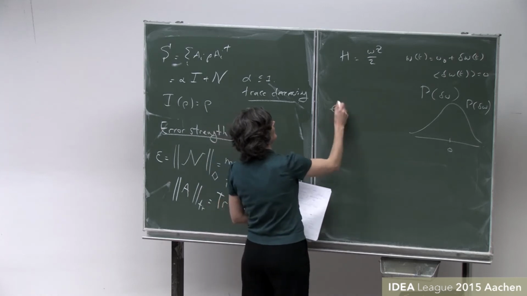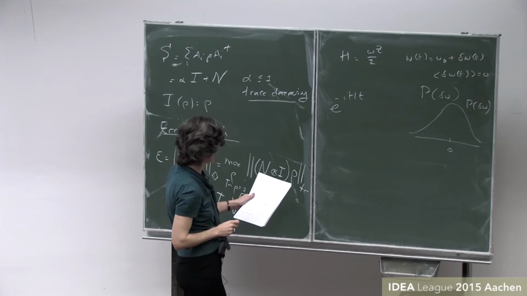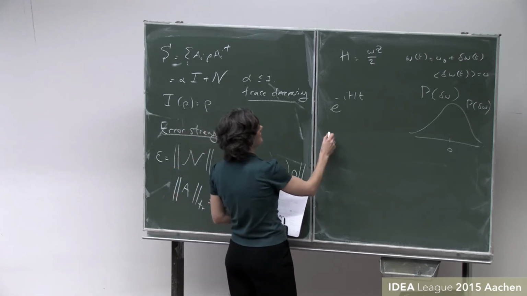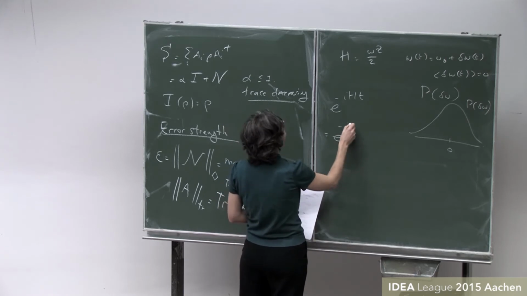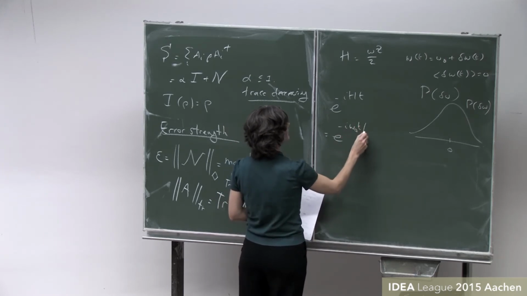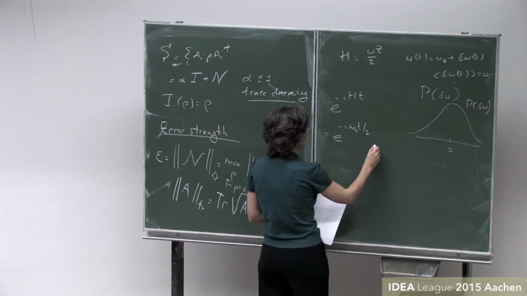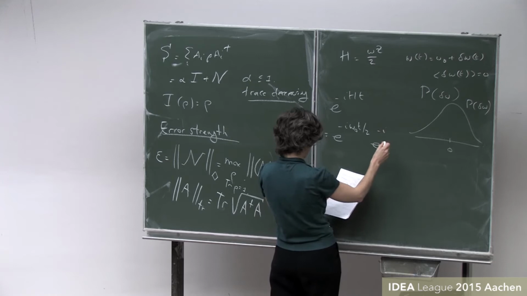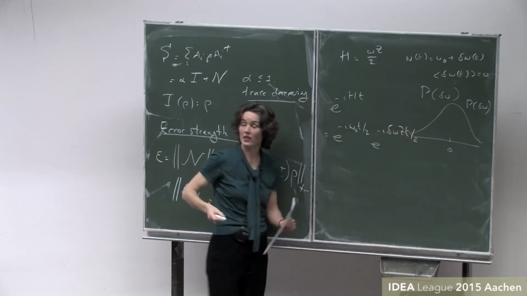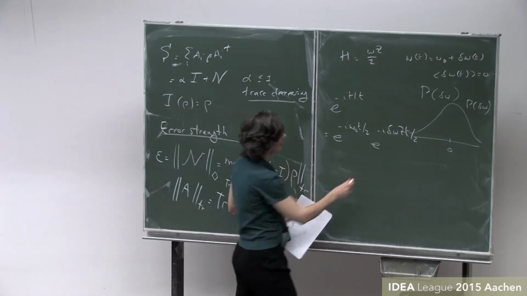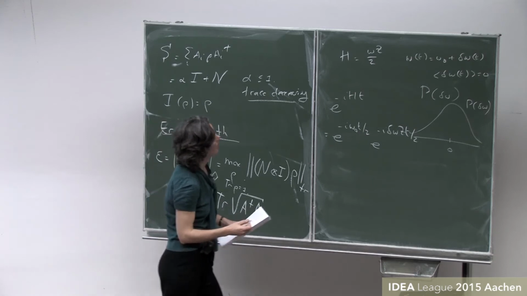If I let my system evolve for some short time t, it evolves as expected, but perhaps I have a small over rotation or under rotation captured by delta omega.